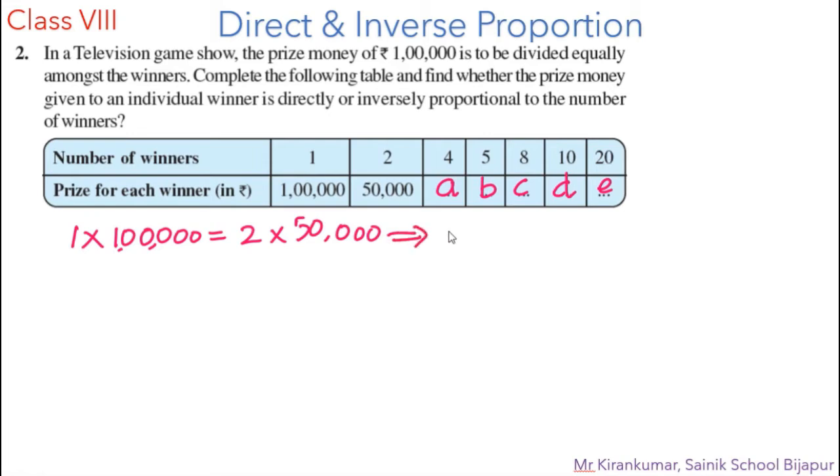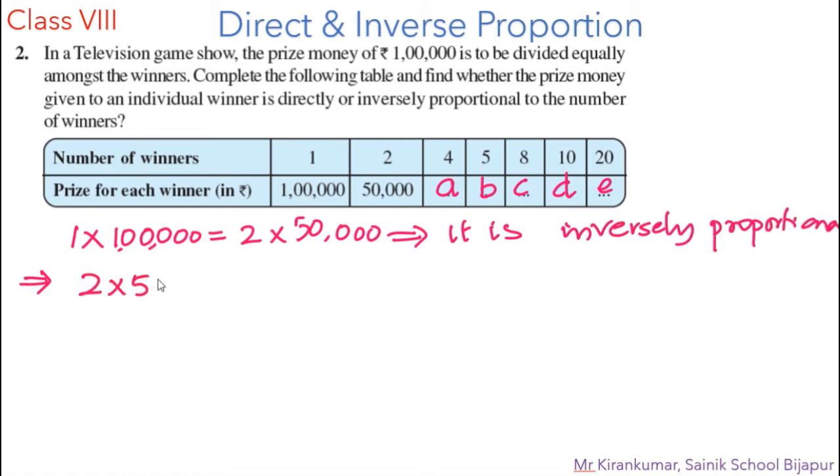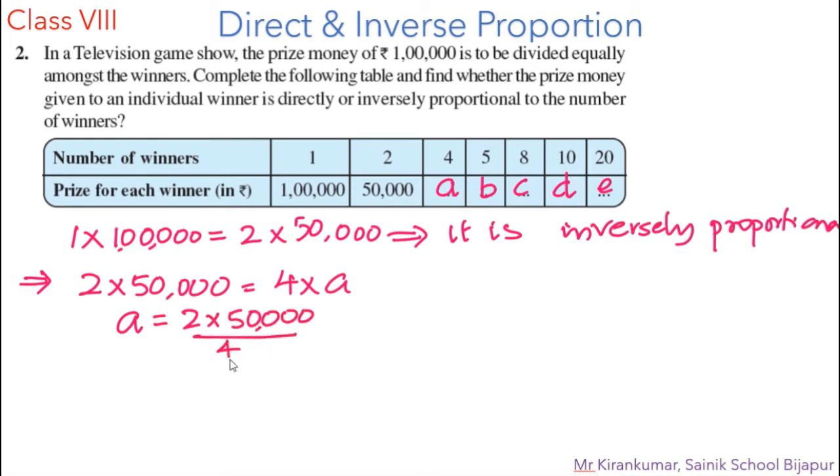This means that it is inversely proportional. So when we consider 2 times 50,000, I can equate it to 4 times A. From this, A can be found as 2 times 50,000 divided by 4, and we get it as 25,000.